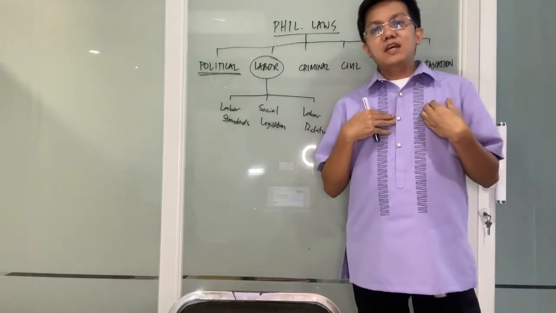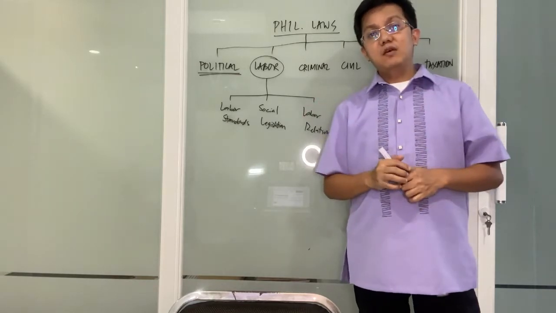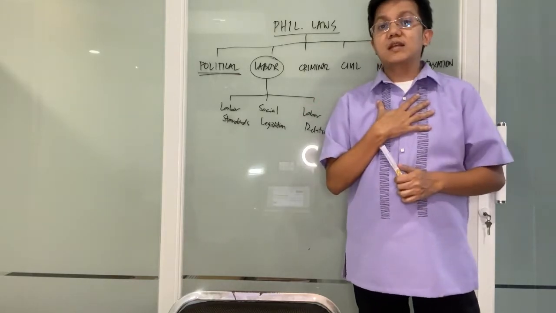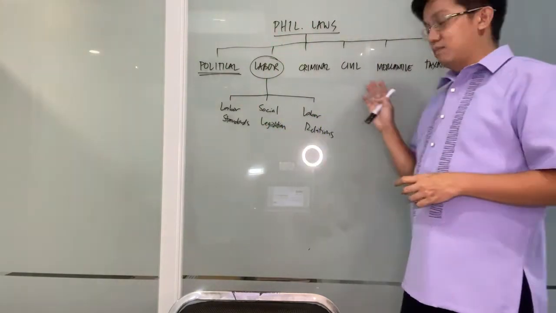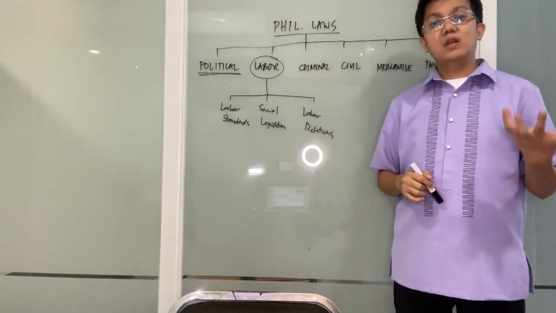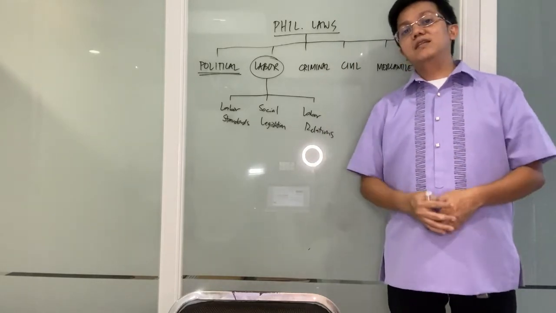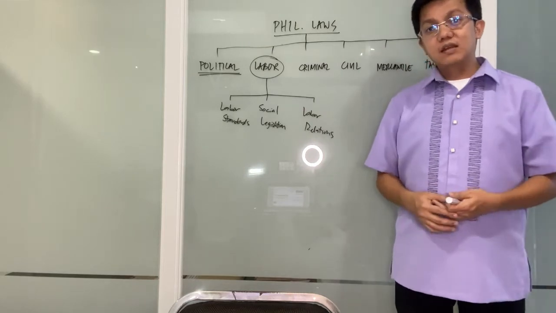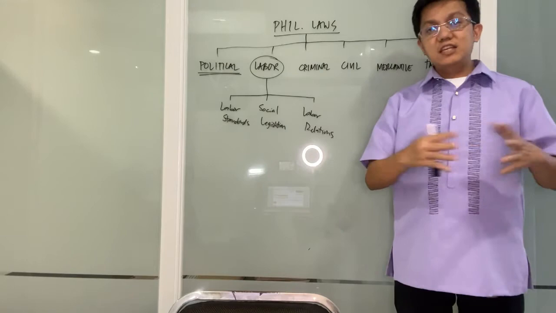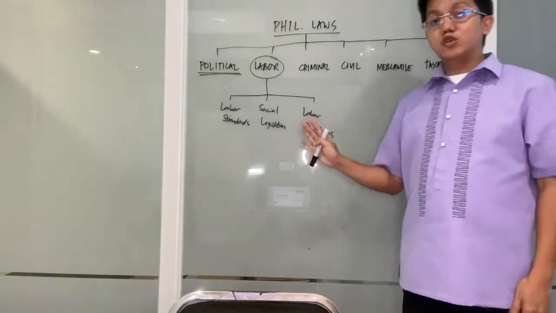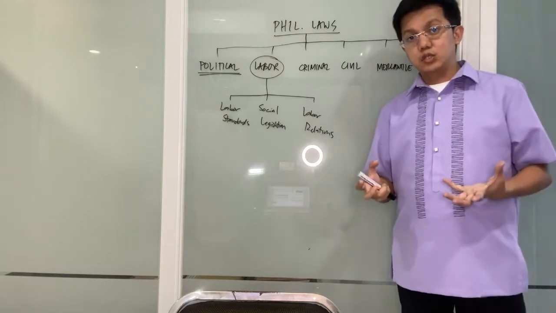The employer, on the other hand, wants to prevent that from happening because it will be burdensome on his part. Because of these two clashing interests, sometimes a strike will come out, a lockout will come out. Negotiation will happen, bargaining will happen. For these matters, labor relations will be the one to govern all these issues.